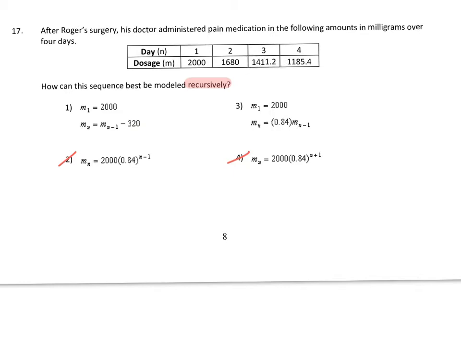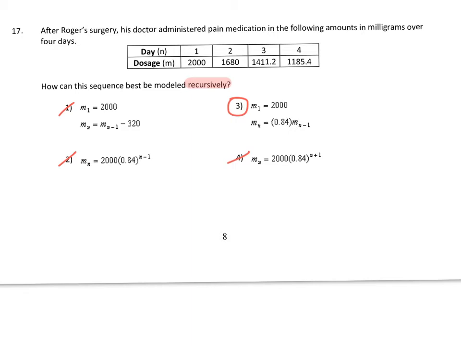So choice 1 is out. Choice 3 has to be the answer, but let's make sure. If I do 2,000 times 0.84, it does give me this second term. If I do 1,680 times 0.84, it does give me this third term. So choice 3 is our formula.